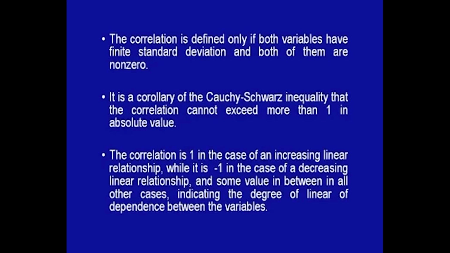The correlation is 1 in the case of an increasing linear relationship, while it is -1 in the case of a decreasing linear relationship, and some value in between in all other cases, indicating the degree of linear dependence between the two variables.